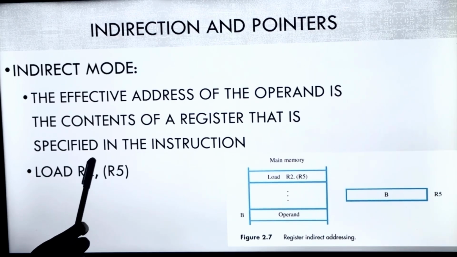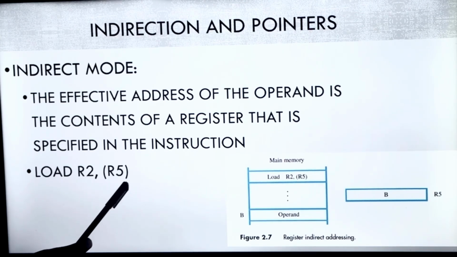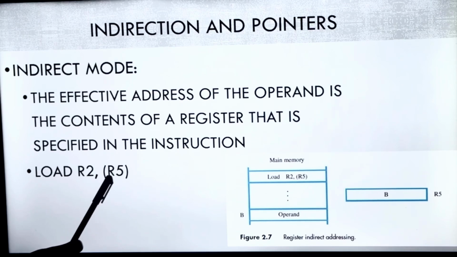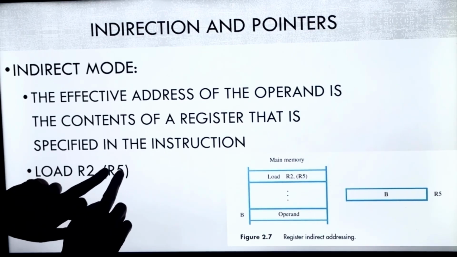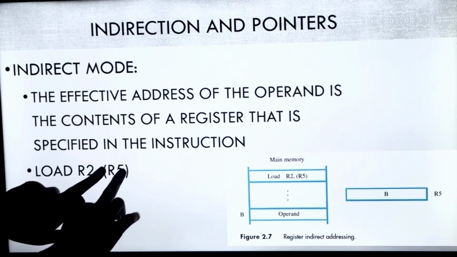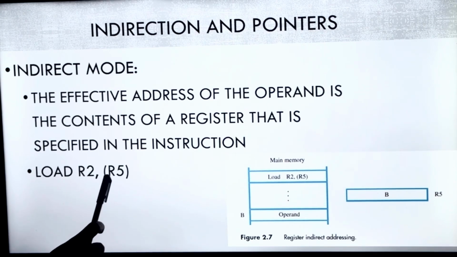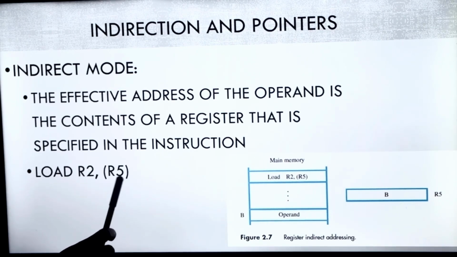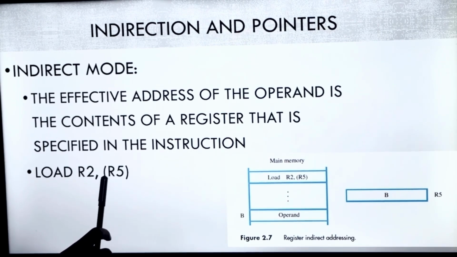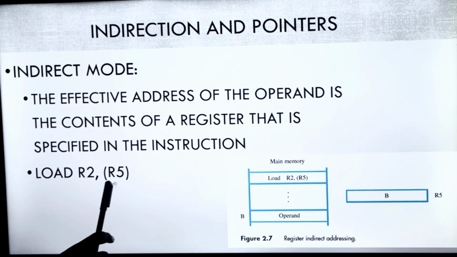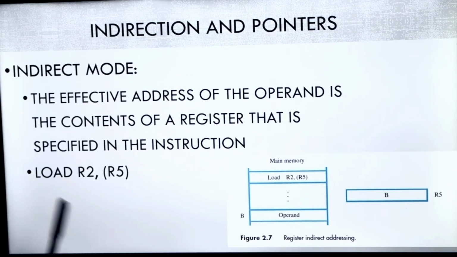So what does it mean? Means I have to get some data. From where will I get the data? I will go to R5. If there is no bracket, then I will go to R5 and I will get the data, right? We know that R5 will be the source of the data. But here, since we have the bracket, if you go to R5, you won't get the data directly. When you go to R5, you will get the actual address of the source.